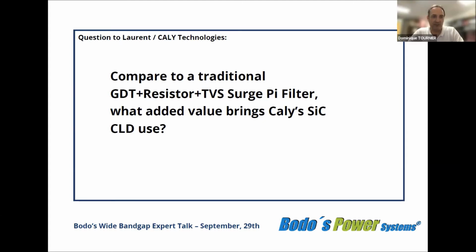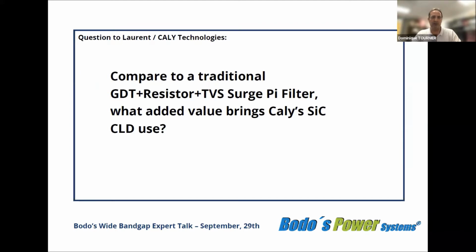Yes, so this is Dominique Tournier from CALY Technology. A current limiting device, CLD, is a device that is clamping the current. It's, let's say, a dual to a TVS. So this is a serial protection device that is in principle implemented in a P configuration for protection of a power line or a data line.